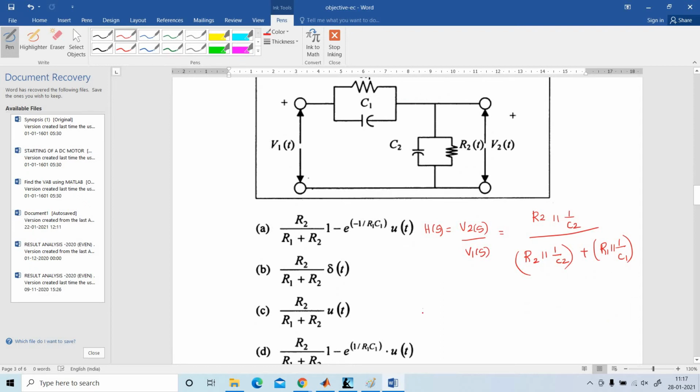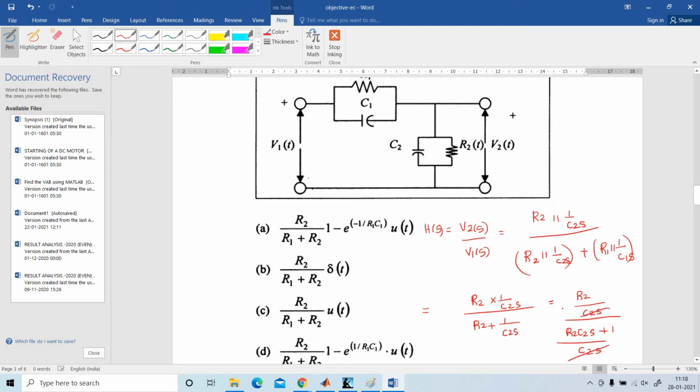And how to find this? 1 by C2s is the Laplace transformation. R2 into 1 by C2s divided by R2 plus 1 by C2s. How to write this? R2 divided by C2s, R2 C2s plus 1 divided by C2s.